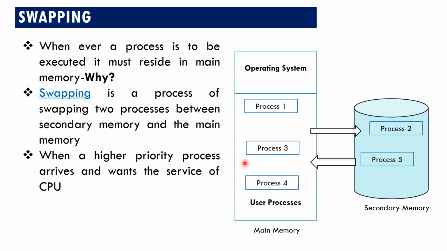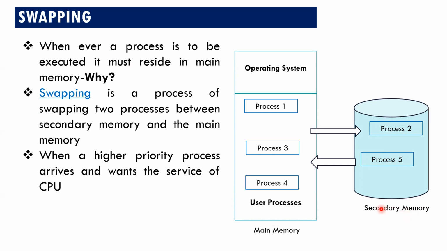Now let us see what is the process of swapping. So whenever a process is to be executed, it must reside in the main memory. So we can't execute any program which is residing in the secondary memory because of the speed mismatch between the CPU and the hard disk.